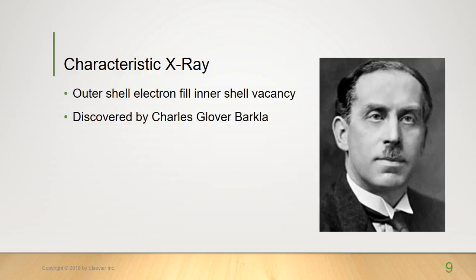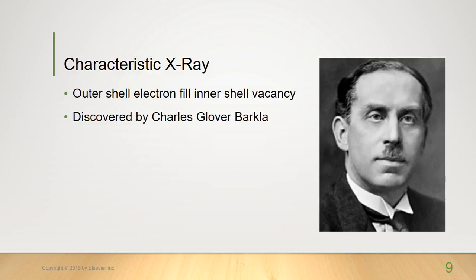And the name characteristic comes from the fact that the binding energies for electrons in an atom are unique. That means characteristic for a specific element. Therefore, the difference in binding energy is also unique for the element in question. So that's where we get the name characteristic.